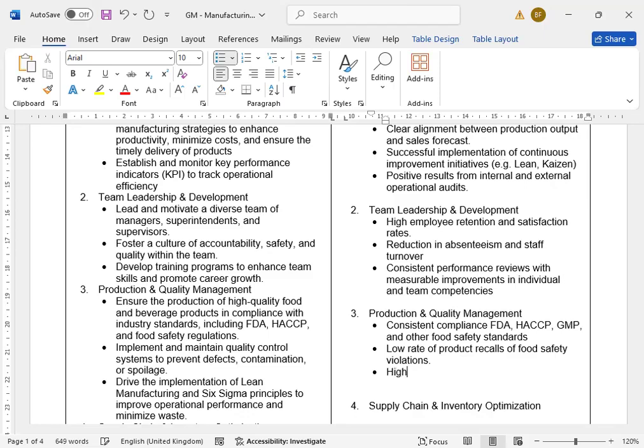Okay, another one is high first pass yield, FPY. What is this? First pass yield is when the first batch or the first attempt to produce has no rejection, no wastage.